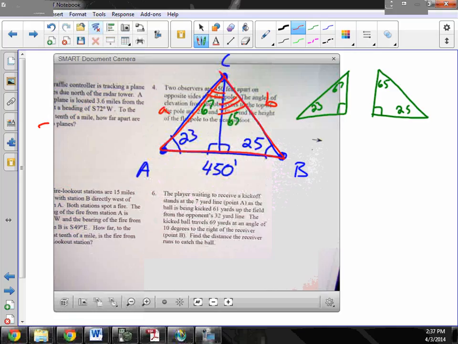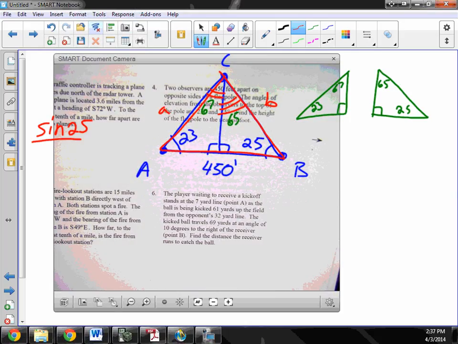So the sine of 25 over little a is equal to the sine of 132 over 450. Boy, I did it the hard way.